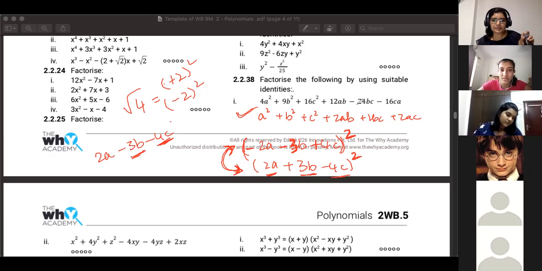But here the BC term is negative, getting minus 24BC. So that is wrong. But these two are correct, because if you square this, you'll get whatever is given here, and if you square this, again you'll get the same thing. So both are correct. It's not random. These are exact opposites of each other. So it's accepted.